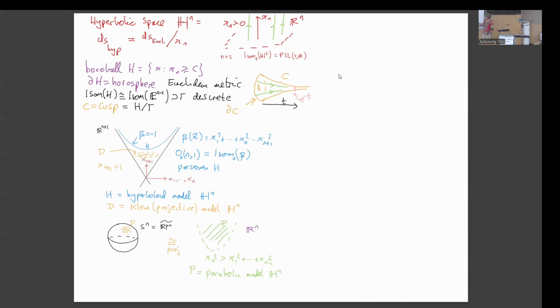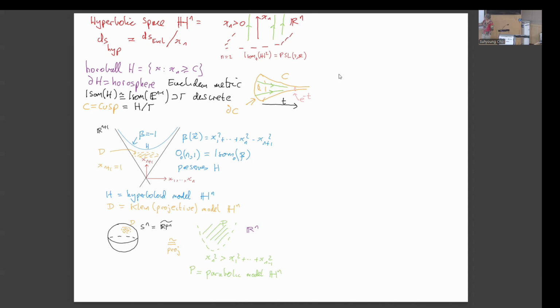Explained from the point of view of projective geometry, you take Euclidean space of one dimension bigger, and inside of that Euclidean space there's a hyperboloid given by where this quadratic form of signature (n,1) is -1. And that's this hyperboloid. The image of this hyperboloid under projectivization is this disk D in projective space.